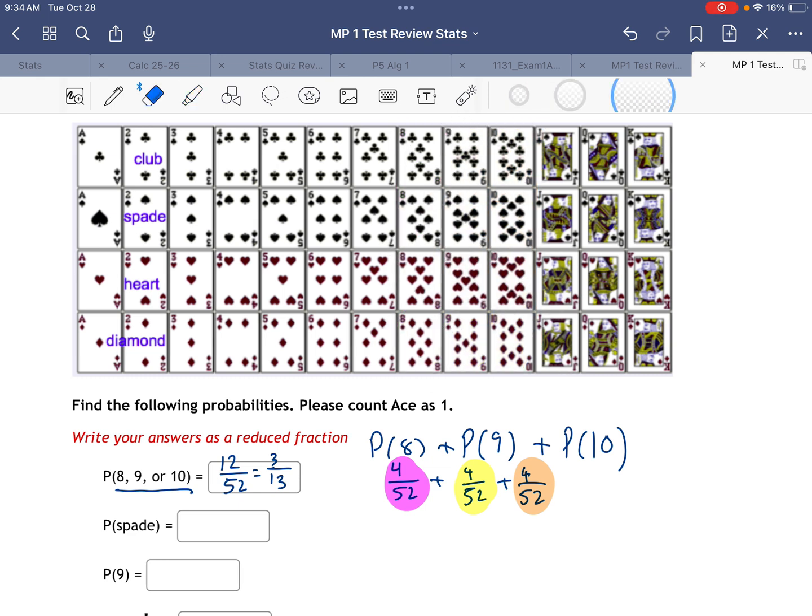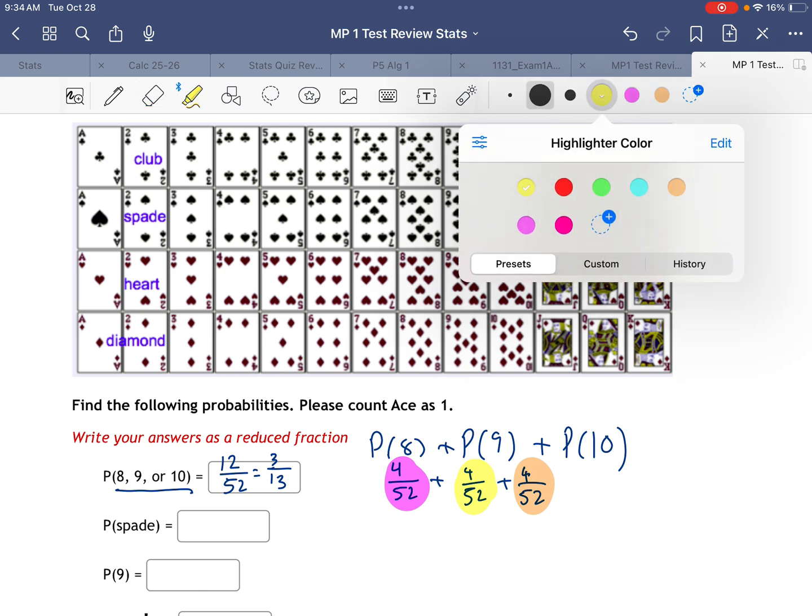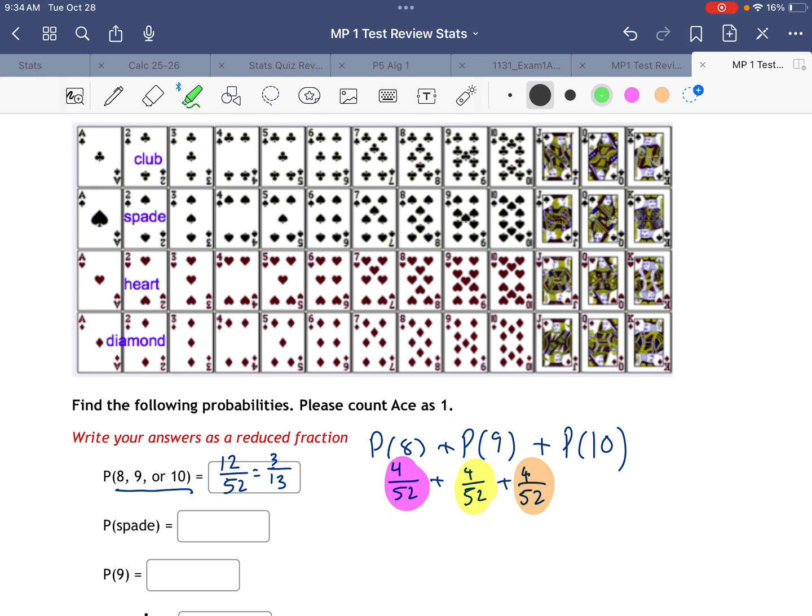For the spade. So a spade is the suit. In this example, it's labeled. I'm going to make sure that if it's not labeled, I'll put it on the board. But all of these are included in spades. I think there was some confusion when we had one of the quizzes where people were not including the face cards like the jack, queen, king.